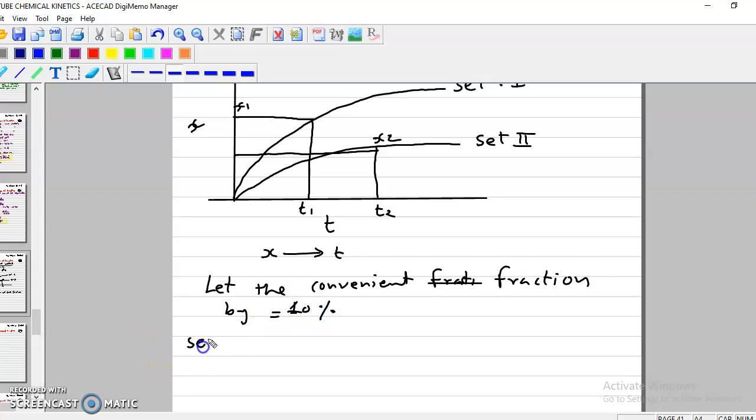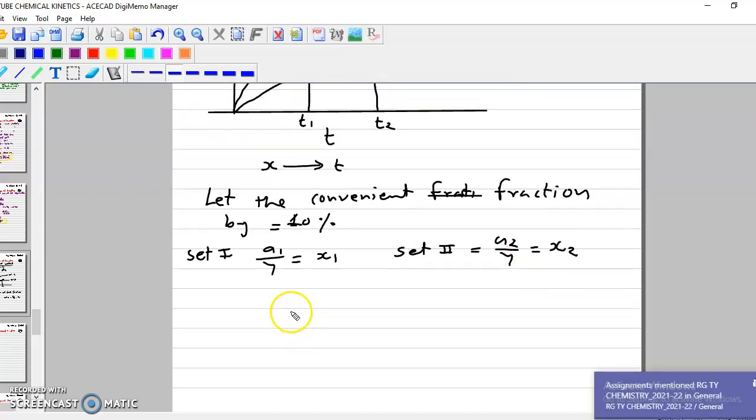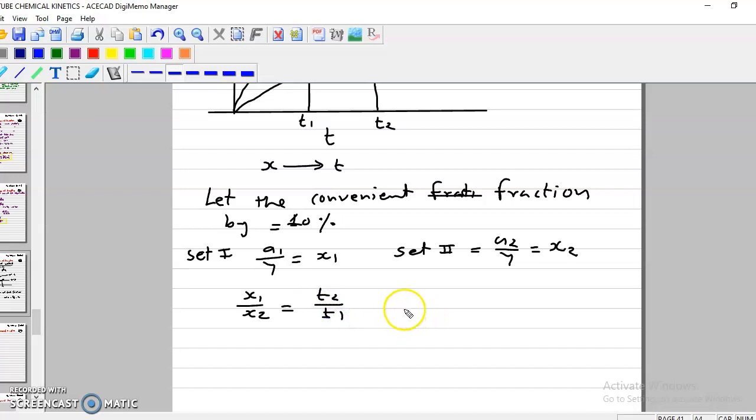Then for set 1 we write a1 upon y is equal to x1, and for set 2 we write a2 upon y is equal to x2. Then we can say that x1 upon x2 is equal to t2 upon t1. Then it is a second order reaction. So it confirms the second order reaction when we get these conditions. This is the way we can find out second order reaction with reference to the graph.